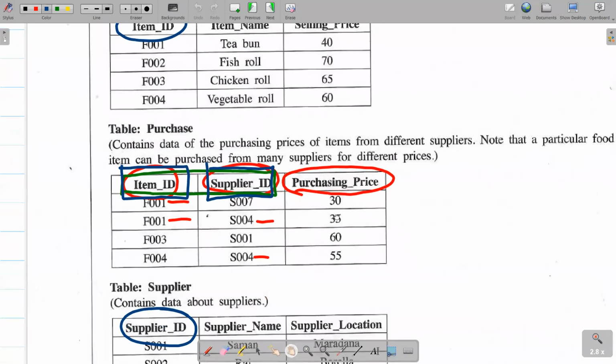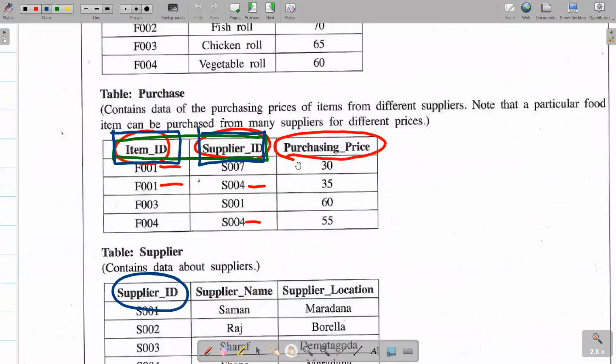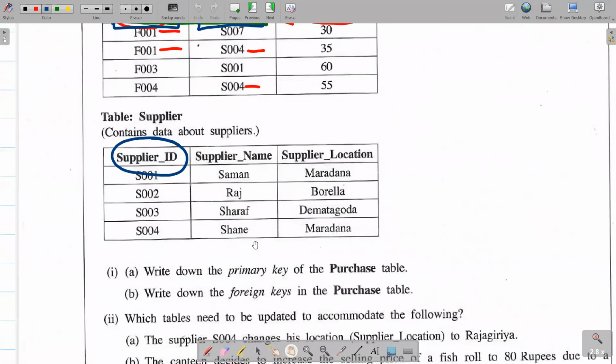Okay, the location somewhere here. Yeah, so this is the location. So if you are going to change it, you have to update only the supplier table. Right?